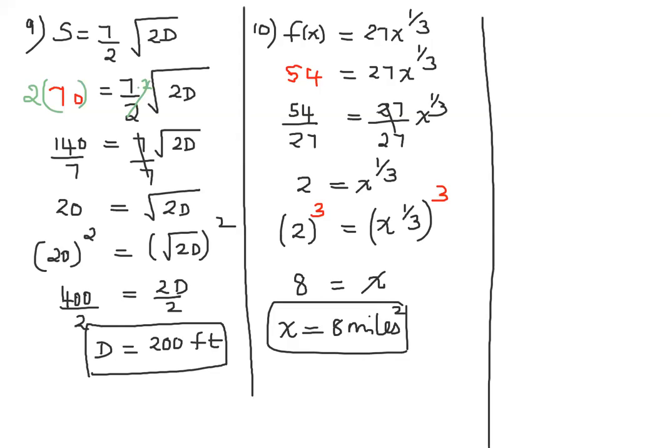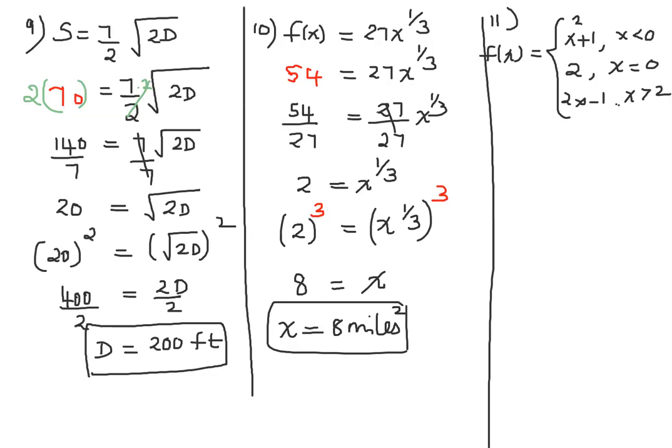And number 11, we are given a piecewise function. So I'm going to write the function here. x squared plus 1 when x is less than 0, and 2 when x is 0, and 2x minus 1 when x is greater than 2.